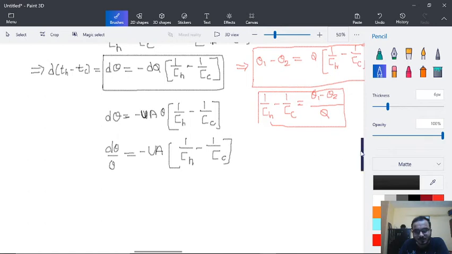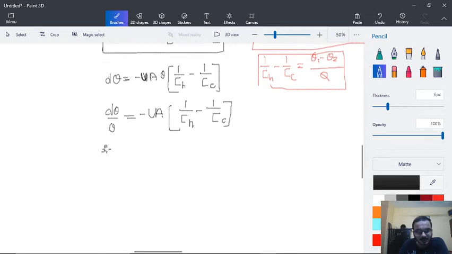So what we can do now, we can integrate this. So ln theta 1 by theta 2 is equal to ua, and instead of 1 upon ch minus 1 upon cc, you can put theta 1 minus theta 2 upon q.